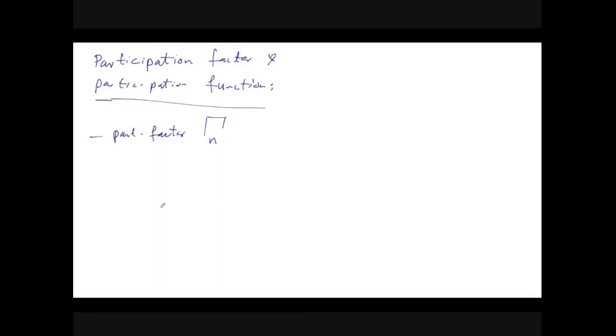So it's a scalar quantity intended to measure the relative contribution of mode n to the total system state. So how much a given mode contributes to the total system response.